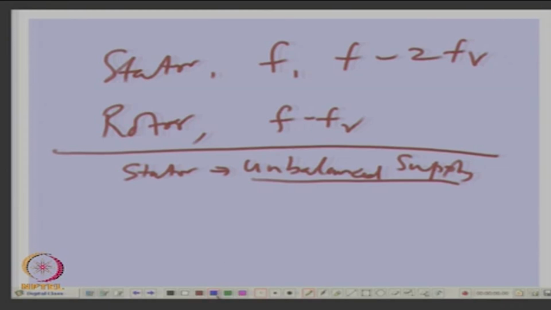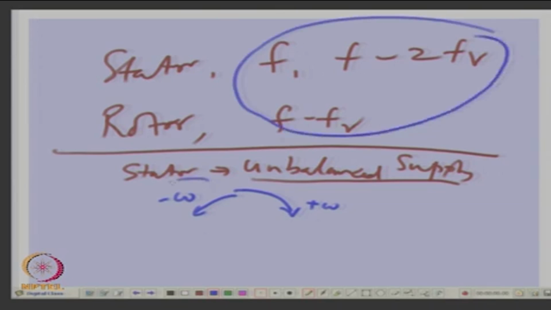Stator currents of frequency f, unbalanced, will give rise to what fields? The stator will produce a forward field at plus omega and a backward field at minus omega. Whatever happened with plus omega was as before, but then you have additional fields due to minus omega, right.